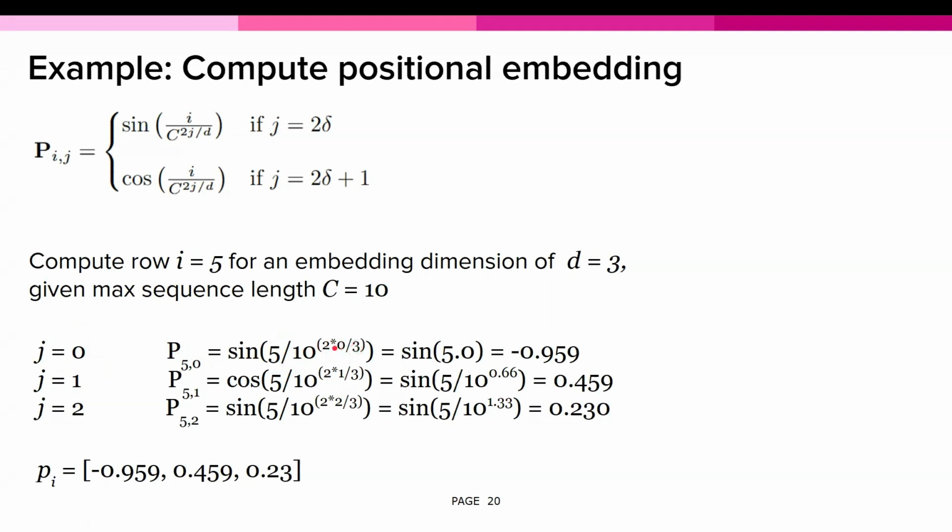So it's the 0th embedding dimension, so this is all just 0 up here. So 10 to the 0 is 1. So we're interested in the sine of 5, which is minus 0.959.